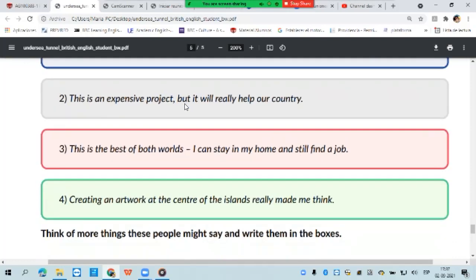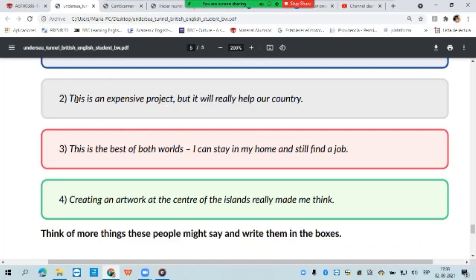Because he or she can stay in their home and find a job. And he or she wants to work in the country. So if you want to work in the country, maybe you're a villager. Right. You don't need to travel to the city.